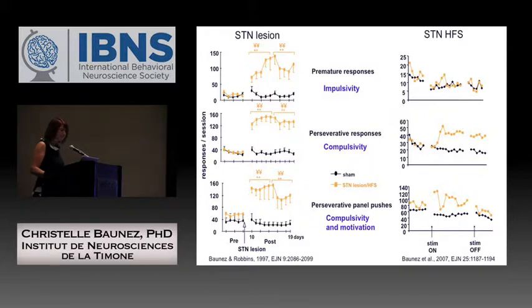But interestingly, for what we were looking at, I was working at Trevor Robbins' lab at that time, and he wasn't at all interested in the STN. So, of course, he was assessing many different lesions in the brain, but not the STN. So then we decided to review what are the other structures inducing the same type of deficits related to impulsivity.